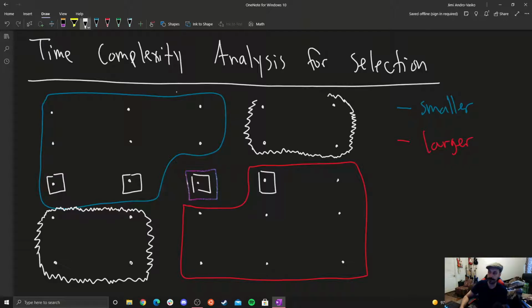We can guess, I suppose, but we can't make a smart guess. We don't know about these guys, so I'll just put question marks here, as we don't really know whether they're bigger or smaller than that circled median among all the medians.